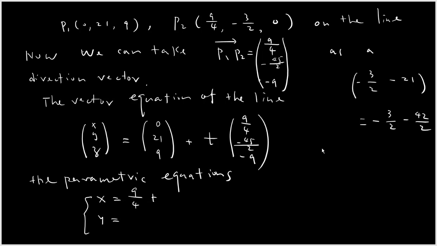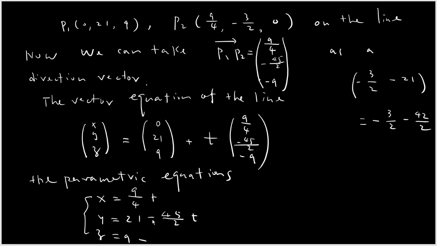And y equals 21 plus, actually 21 minus 45 over 2 t, and z equals 9 minus 9t. In both cases, you say something like t as a parameter. Right.